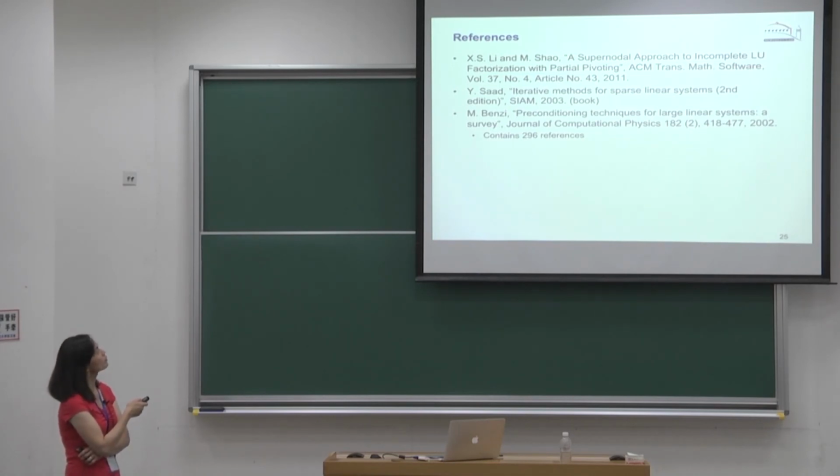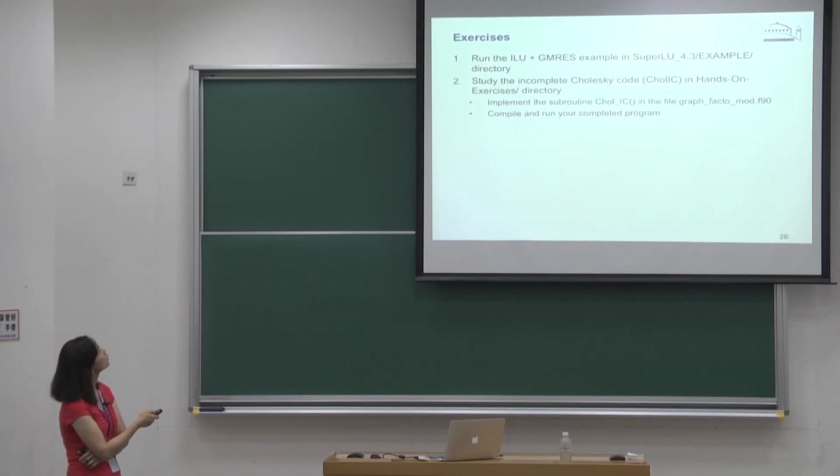This is a very good survey paper. It contains almost 300 references, including some where people have tried to do parallel ILU without too much success. But it's in those reference lists. So it's a very good comprehensive paper.